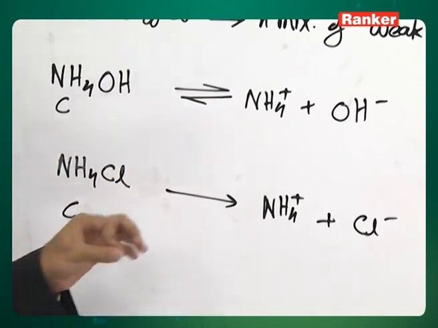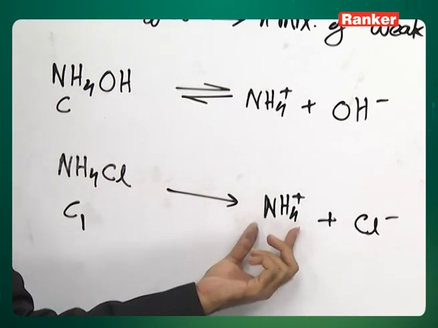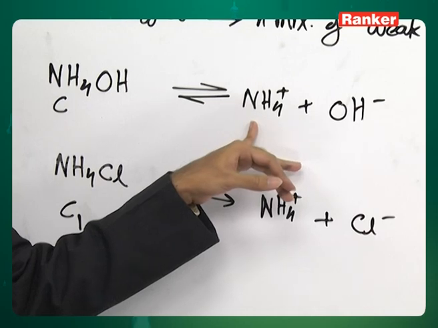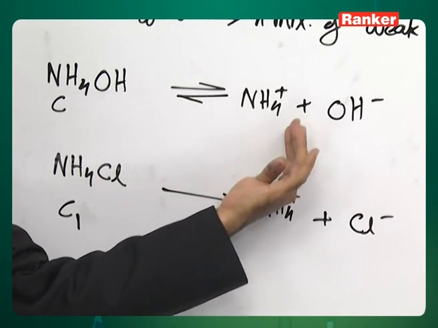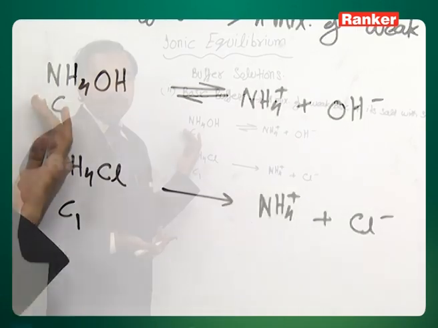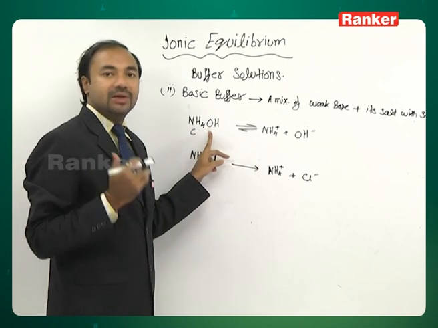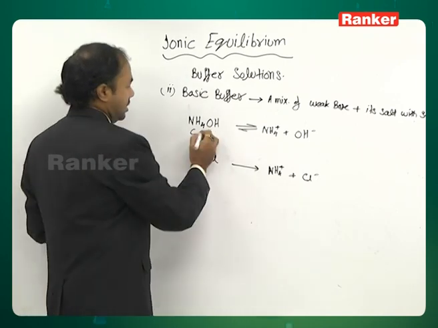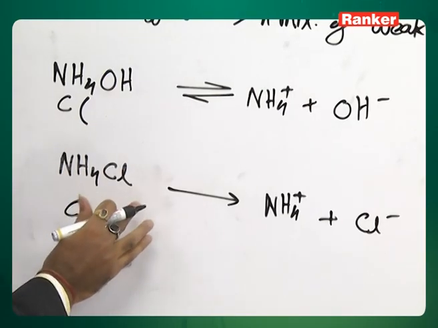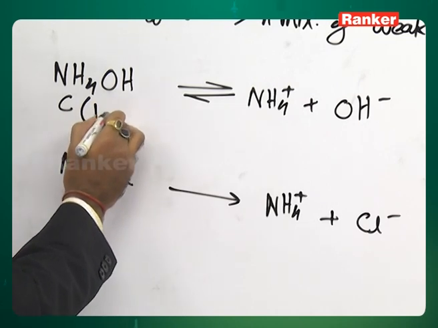Now, this NH4Cl is producing ammonium ion, which is common with the equilibrium here. So it is going to exert the common ion effect, and due to this, the equilibrium will shift in the backward direction. As a result, the degree of dissociation of ammonium hydroxide is further suppressed. We assume that in the presence of ammonium chloride, the degree of dissociation of NH4OH is alpha.